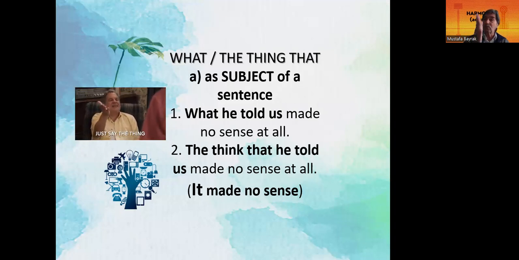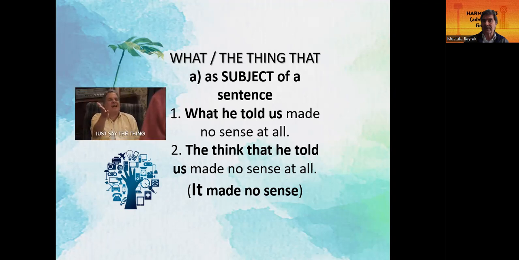Of course, you can put a lot of nouns in place of thing, for example, the idea that, the problem that, the topic that, the opinion that, the purpose that, the project that. What means the thing that, and you can use them interchangeably. Let's see them in sentences.